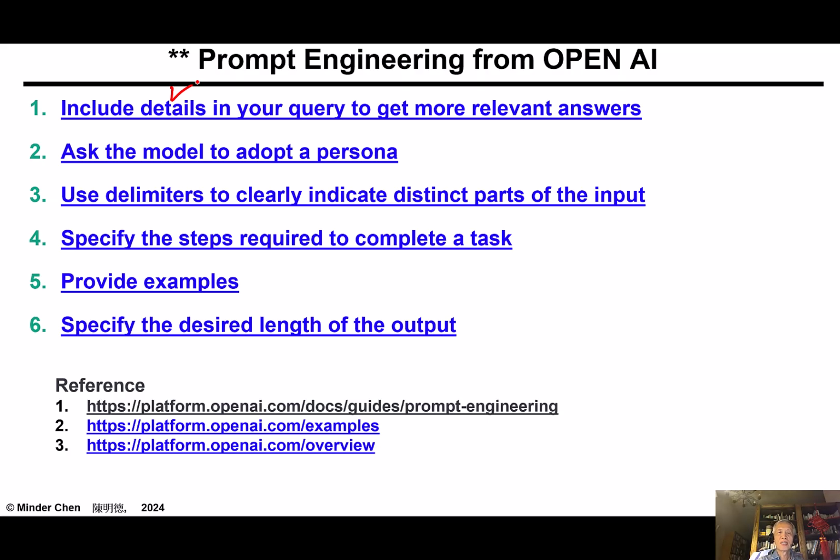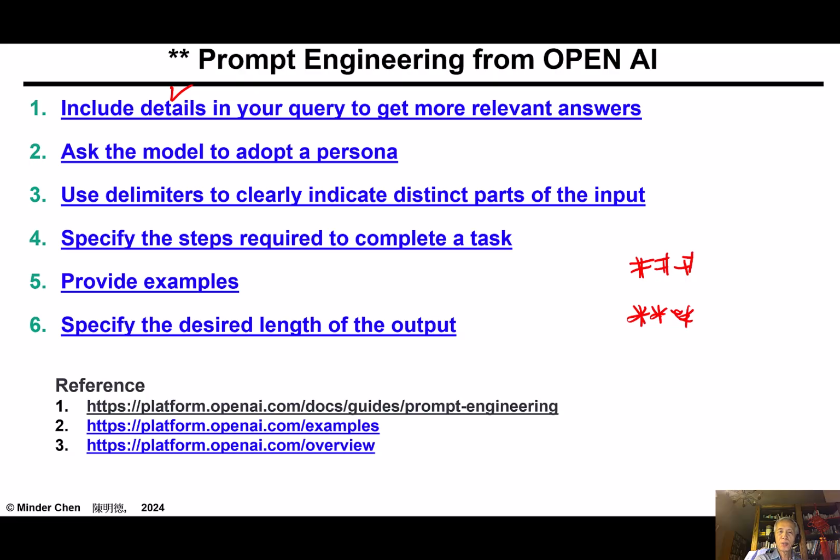Use delimiters to clearly indicate distinct parts of the input. For instance, I sometimes use a pound sign, I sometimes use an asterisk, and just say the following. And you separate your prompt and your example using this delimiter.